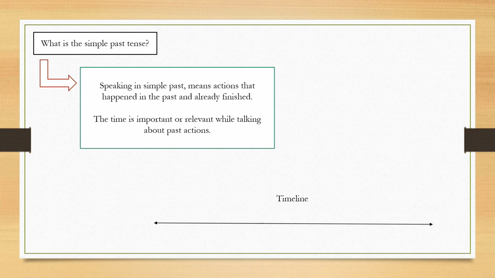In order to explain better, we are going to imagine a timeline, and we are going to focus our attention on a certain point in the past. As we can see here, we have past, present, and future. Let's imagine an action, for example, someone jogging.